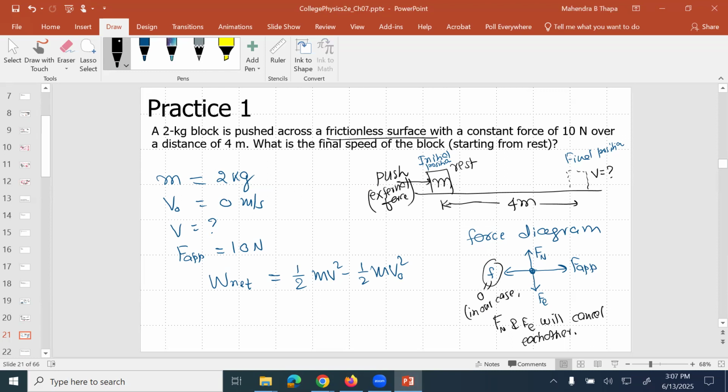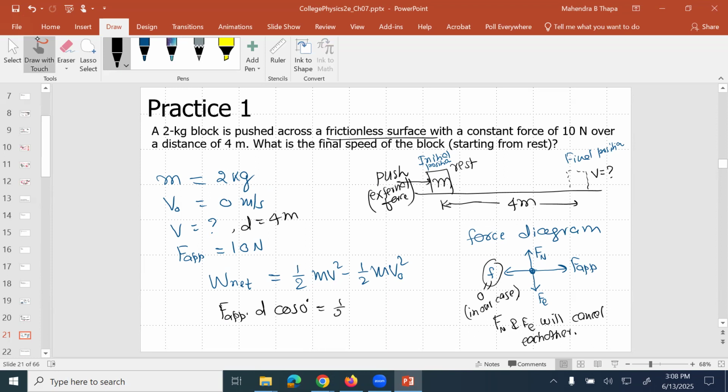So the only force left is F applied times the distance covered, d, which they give as 4 meters, right? It's d cosine 0 because F applied and distance covered are parallel.